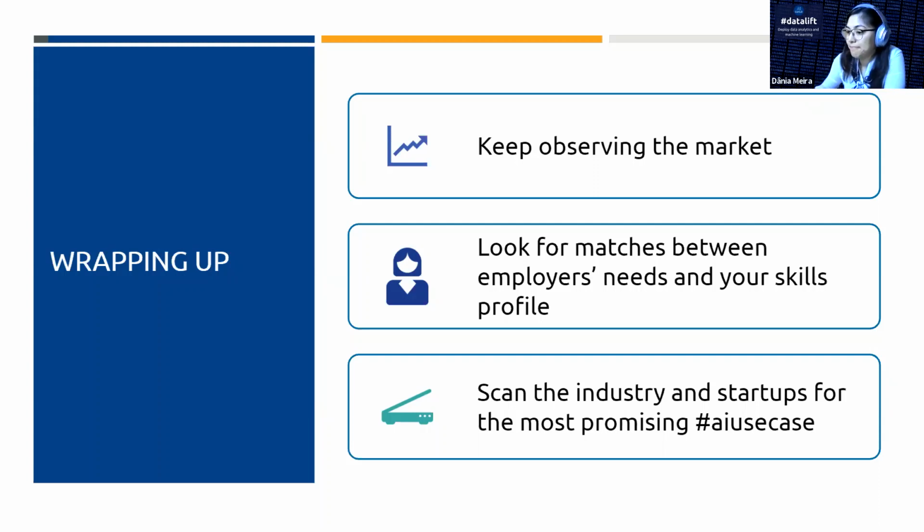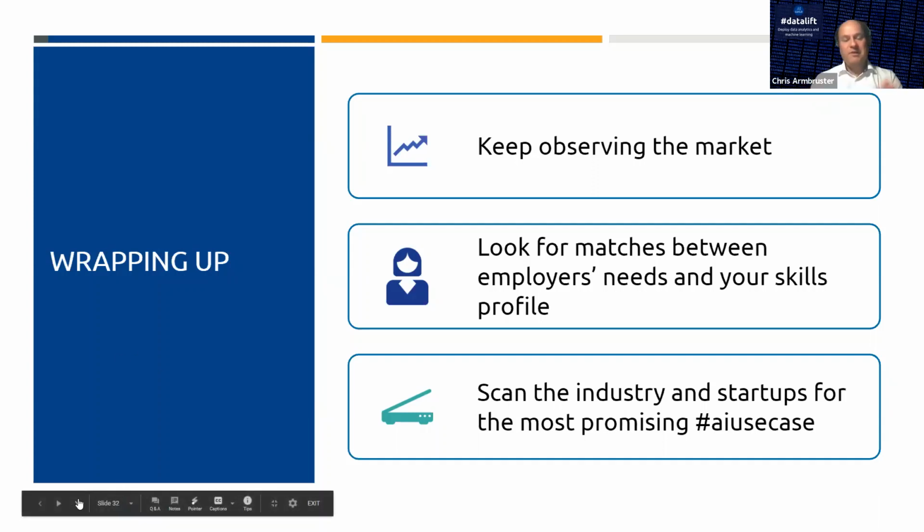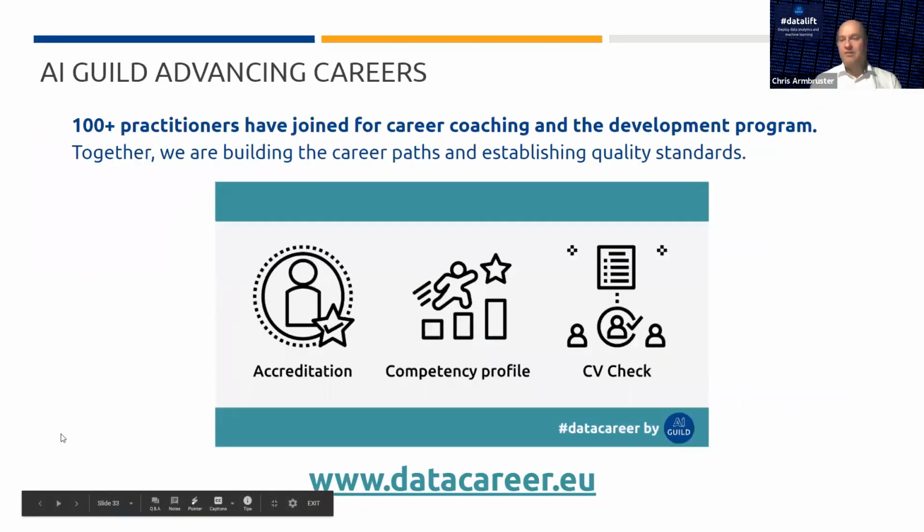Okay, so by talking about what we've been talking about, I think we've spoken to this slide as well. So onto the final one. New from the AI Guild, but now set up in a professional kind of way, we can do certain things to help people. For those of you that were here tonight, I think the most interesting thing is the CV check.